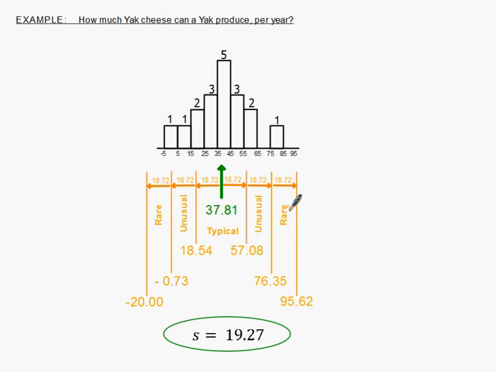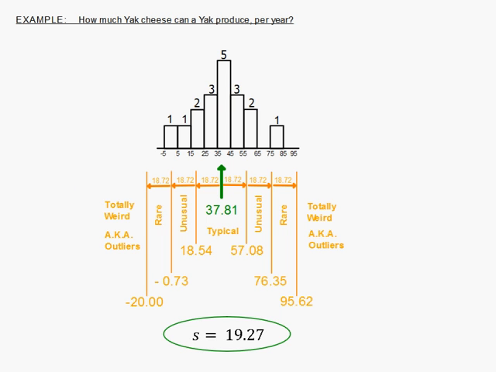This is kind of a rare case that happens occasionally, but we're getting more and more unusual. And if you get more than 3 standard deviations, they're totally weird. These are really unexpected and bizarre measurements. You start questioning their validity, as a matter of fact. And this is actually what outliers are. That's the definition of outliers in the histogram system: 3 or more standard deviations from the mean.